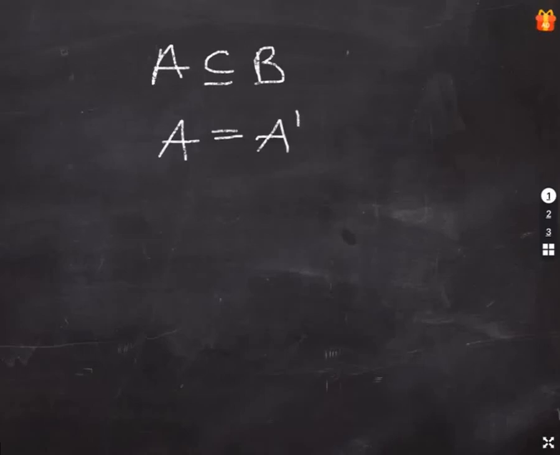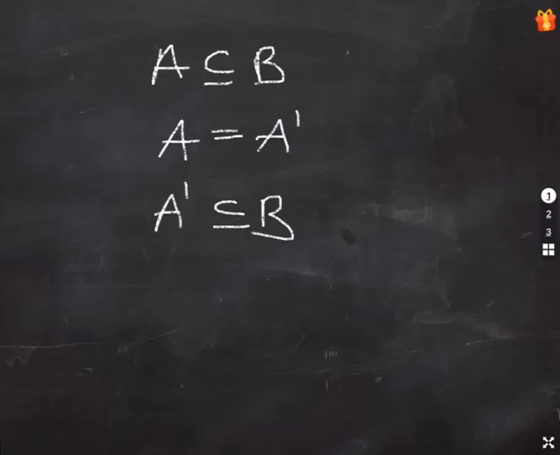This is something which is inherited, so that the notion of subset automatically obeys the axiom of substitution, so that if A is a subset of B, and you have that A equals A prime, then we have that A prime must be a subset of B.